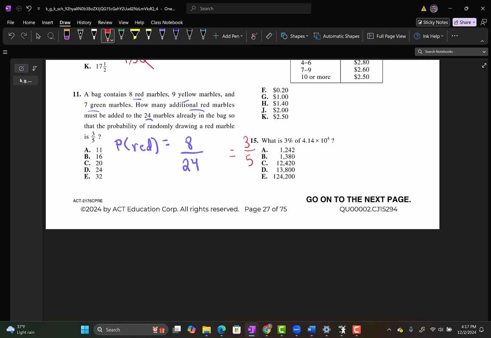We want to figure out how many additional red marbles we would have to add to this 8 that are already there to get to equal 3/5. Of course, if we add X to 8, we also have to add it to 24, because if you add a red marble into the bag, you increase the total number of marbles that are in the bag. And now we are going to cross multiply.